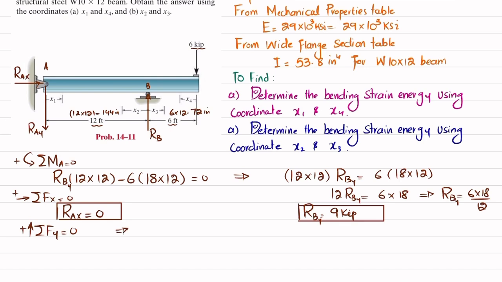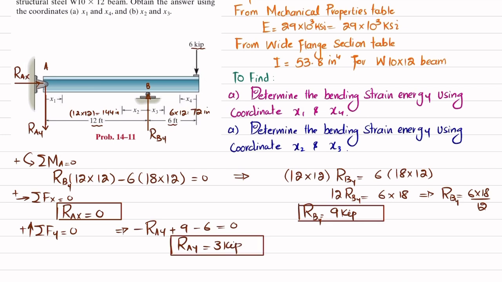So minus RAY plus RBY, which is 9 kips, minus 6 is equal to 0. It means that RAY is equal to 3 kips. Now you have all these reaction forces.